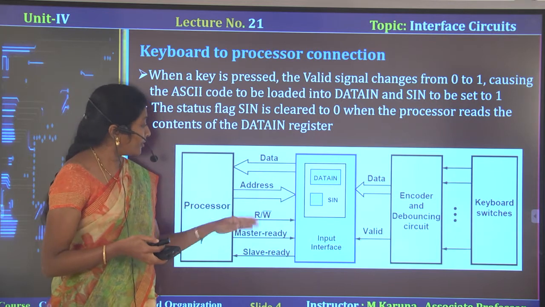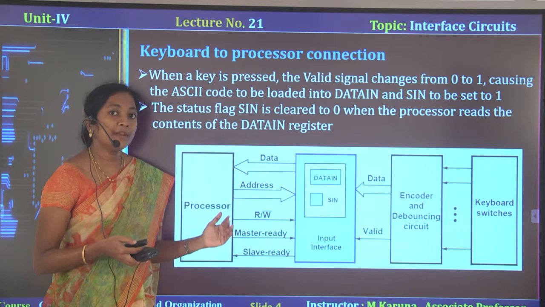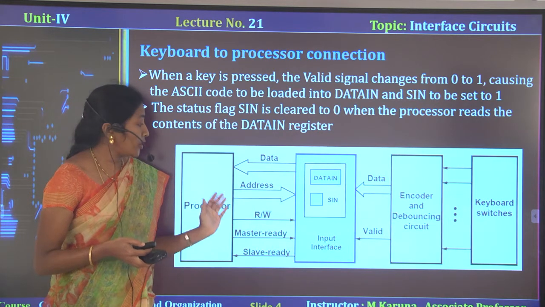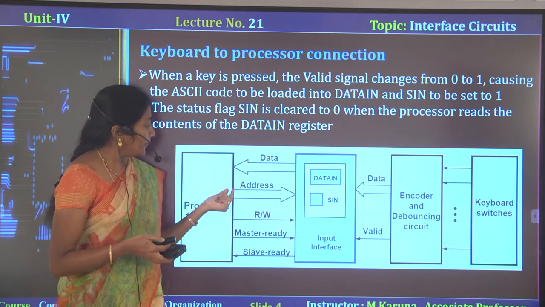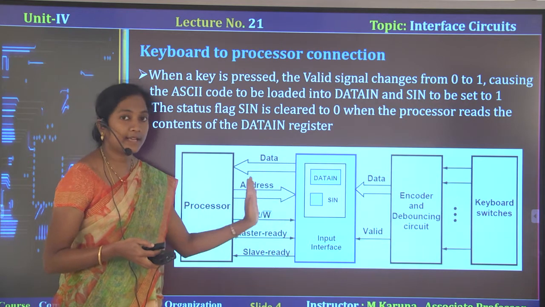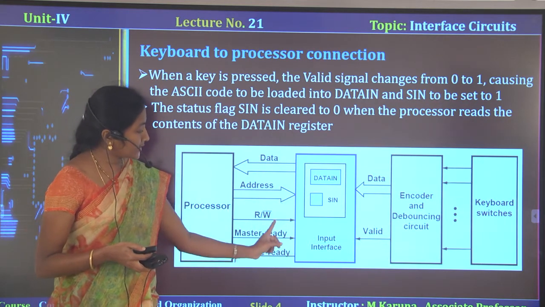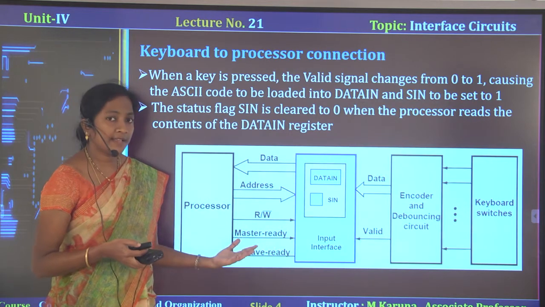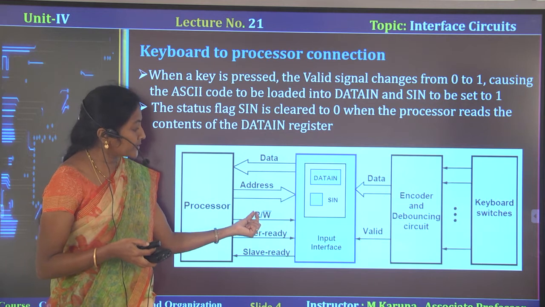Before performing the operation, where the data is to be read, the processor needs to send the address of the data to the keyboard device through the address bus. The address bus direction is like this. The address bus is used to carry the address lines. This is a control signal that says in which direction data is to flow, that means read or write.